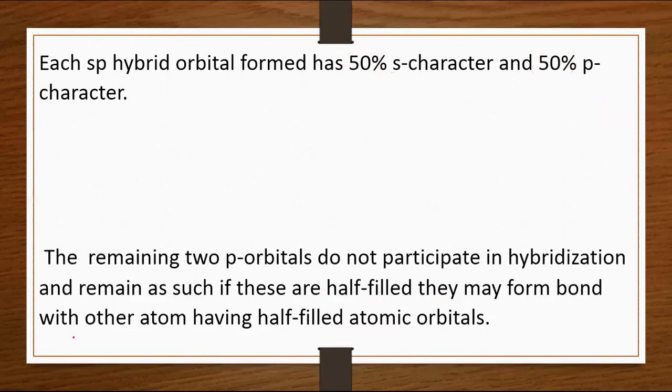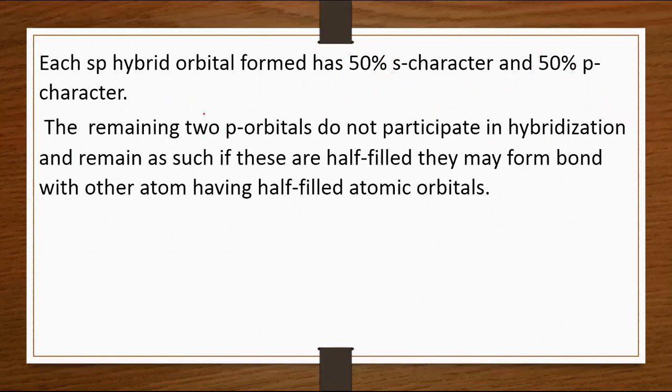Now the remaining two p orbitals do not participate in hybridization and remain as such. If these are half-filled, they may form a bond with another atom having a half-filled atomic orbital. As you know, the p subshell contains 3 p orbitals, that is px, py and pz.